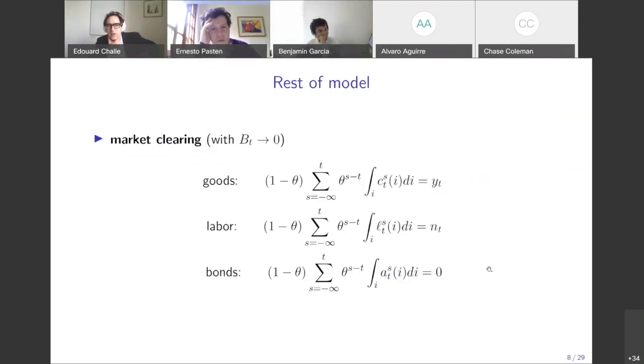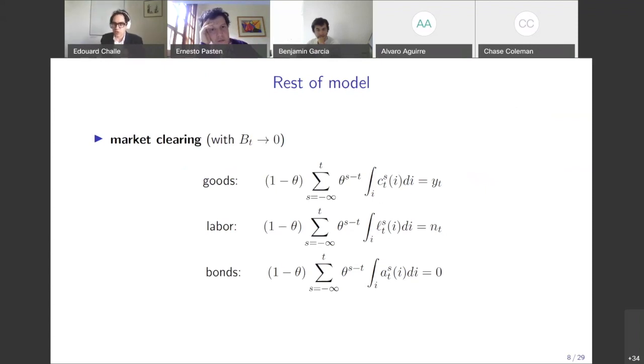We have three market clearing conditions, so we're going to assume that the quantity of nominal bonds is zero. There will be real bonds in the model because agents will be lending to each other. We're going to have heterogeneous agents, zero net asset supply, but trades of assets between the agents.